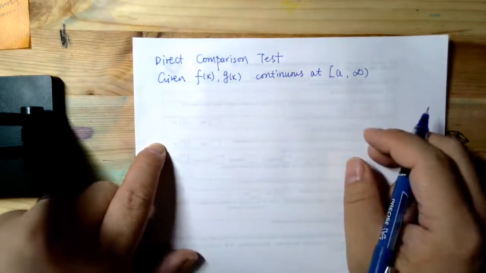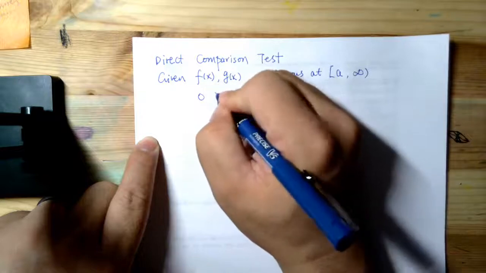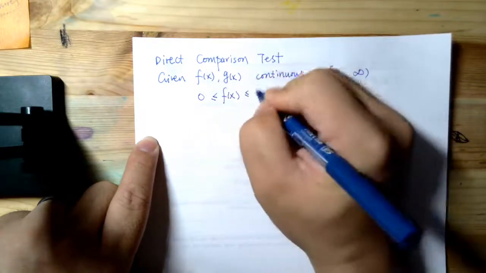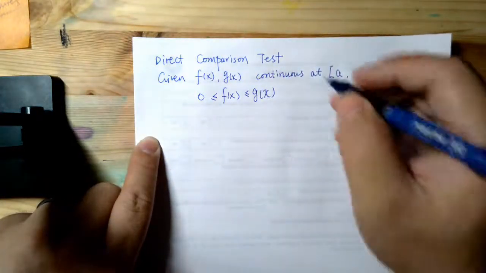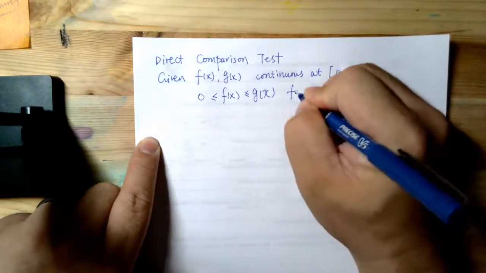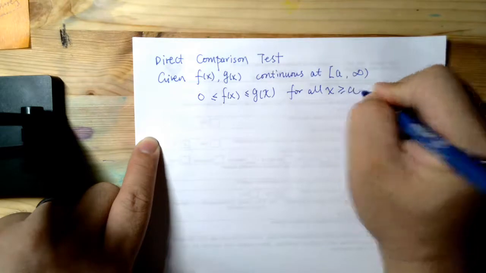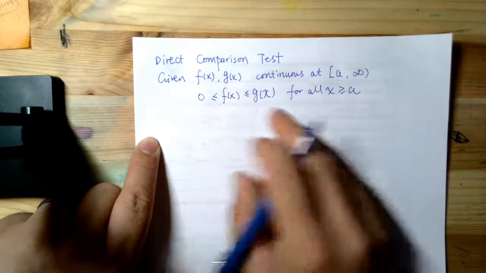And also, f(x) and g(x) follow this inequality for all x greater than or equal to a: f(x) is greater than or equal to 0, but less than or equal to g(x).